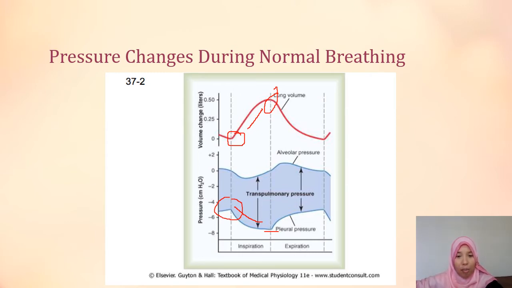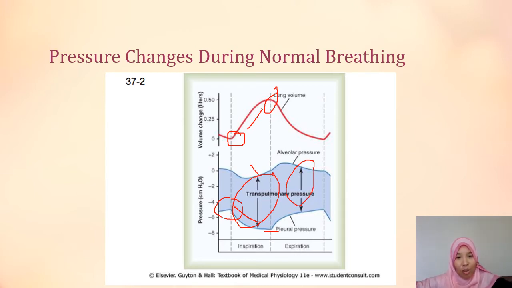And the important thing about this pleural pressure is that because it is directly related to the lung volume, it helps in the alteration of the alveolar pressure, right? As you can see here, the alveolar pressure and the pleural pressure difference. Look at the gradient, it's much greater during inspiration compared to during expiration. What does that mean?